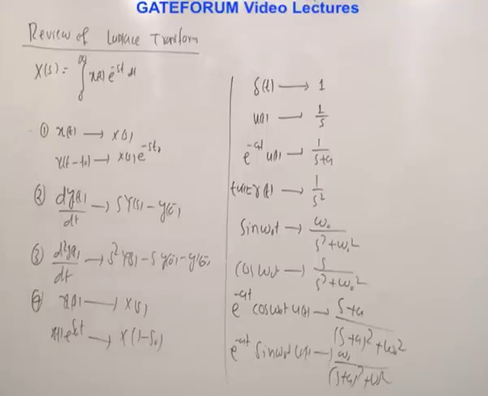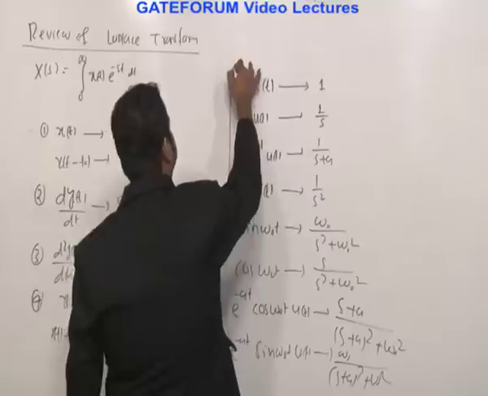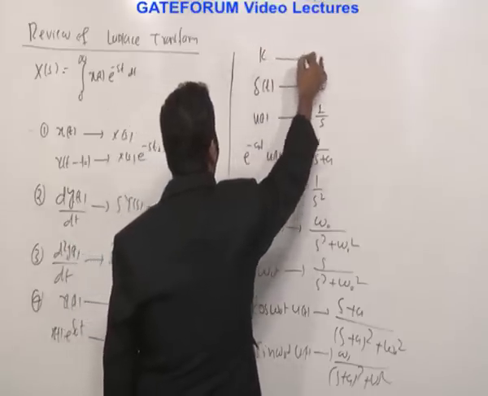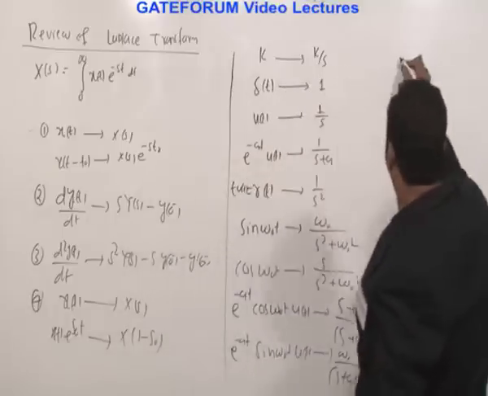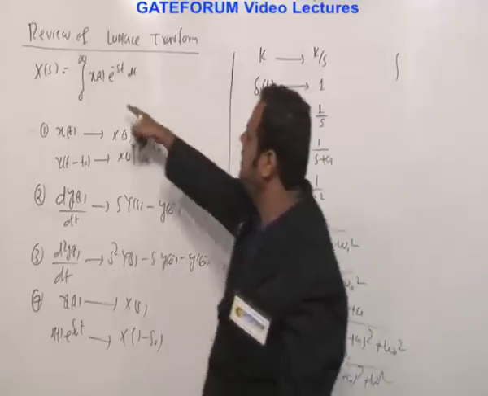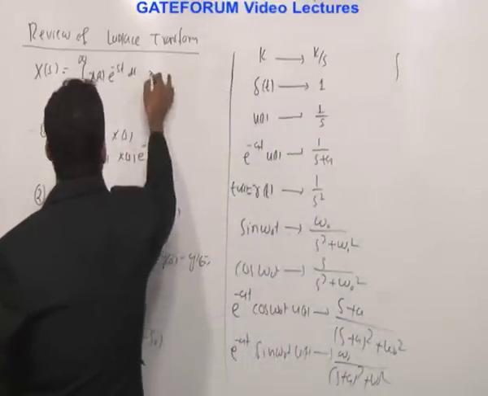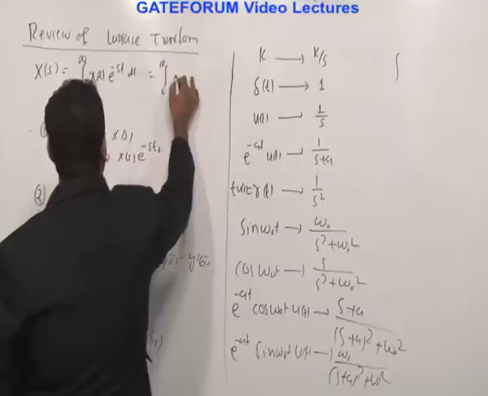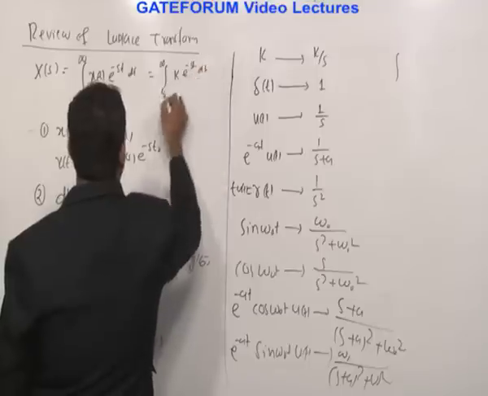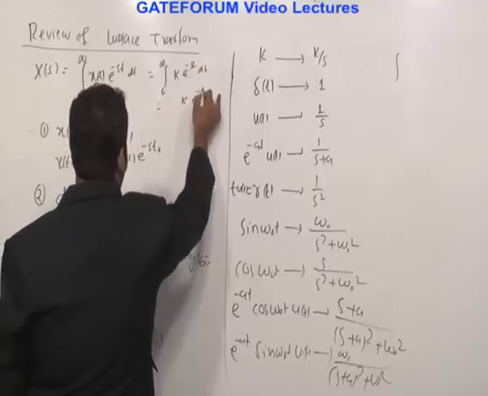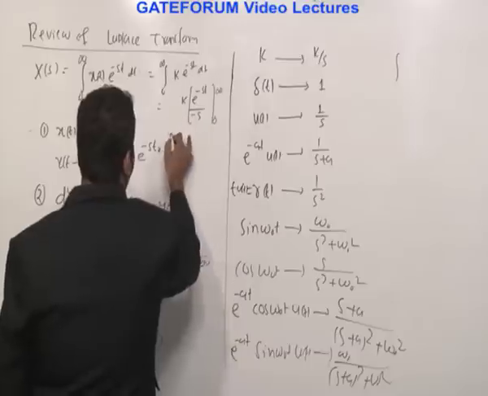So that's what the thing is. And one more thing: if we deal with any constant k, the Laplace transform is k by s. Why? Because if I integrate that constant from 0 to infinity, k into e power minus st dt, k is a constant, so that is k into e power minus st divided by minus s, from 0 to infinity.